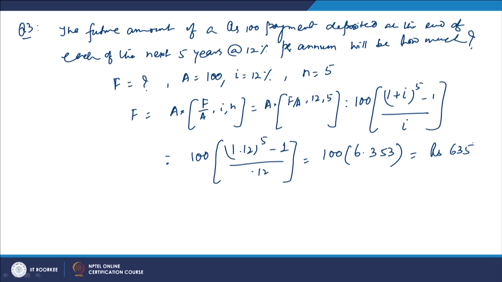So, now what we see is that when you have to calculate what your final amount will be once you are depositing some amount every year end for a certain time period, then in that case you are going to use this equal payment series compound amount factor, and that factor value is coming as 6.353.